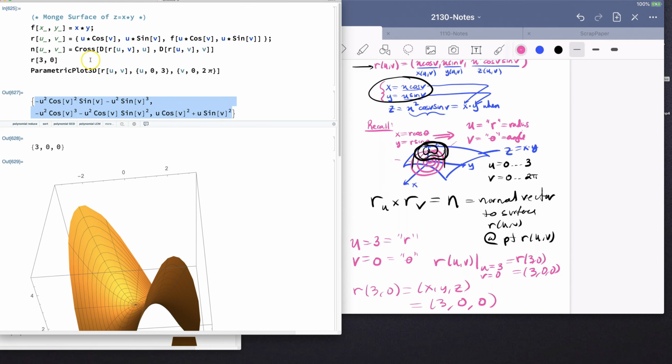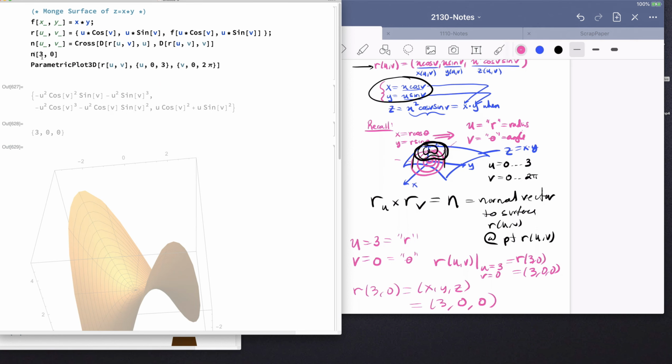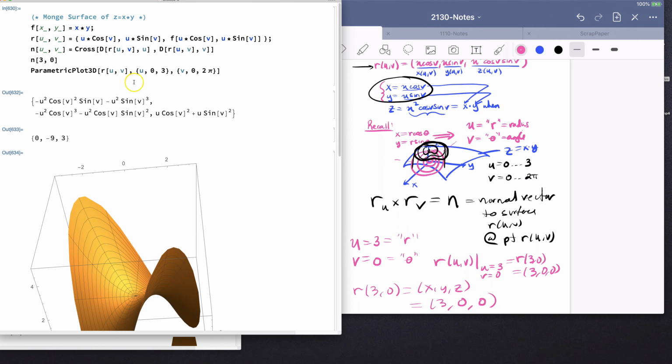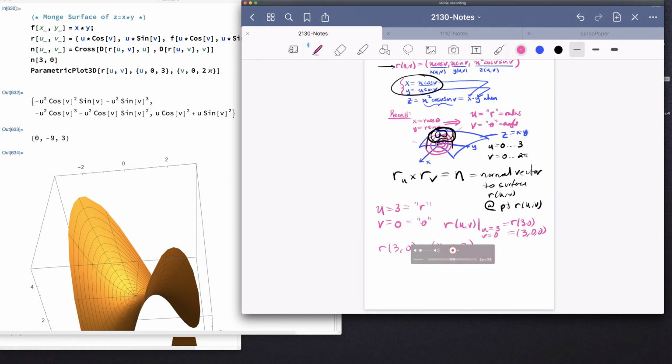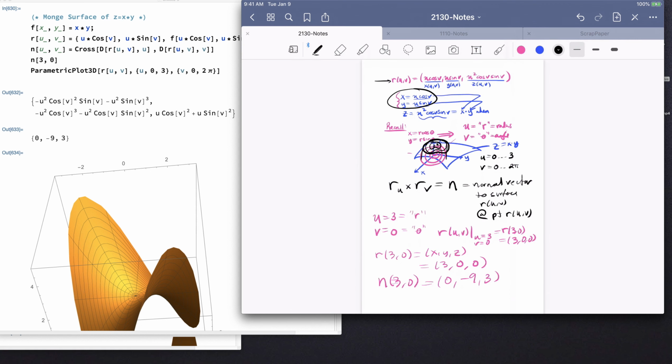If you evaluate the cross product at the point 3, 0, so if you look at the normal vector n evaluated at u equal to 3, v equals 0, you will get the vector 0, negative 9, 3, which is going to be a vector at this point.